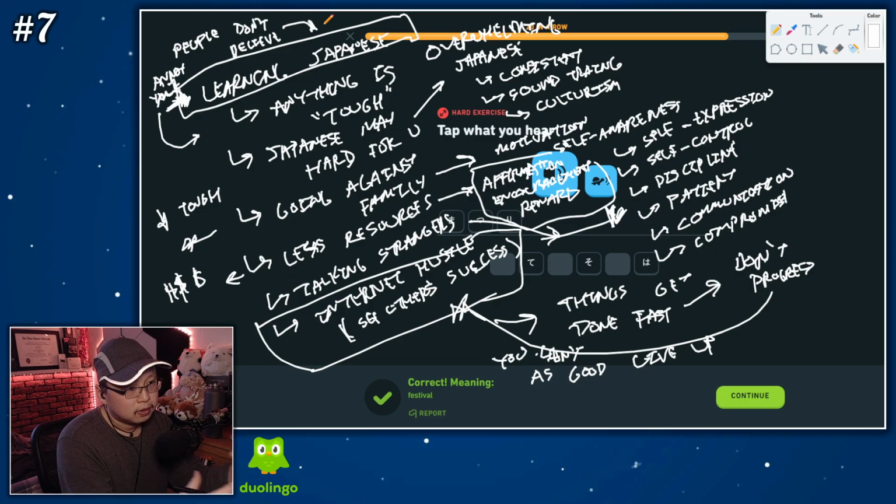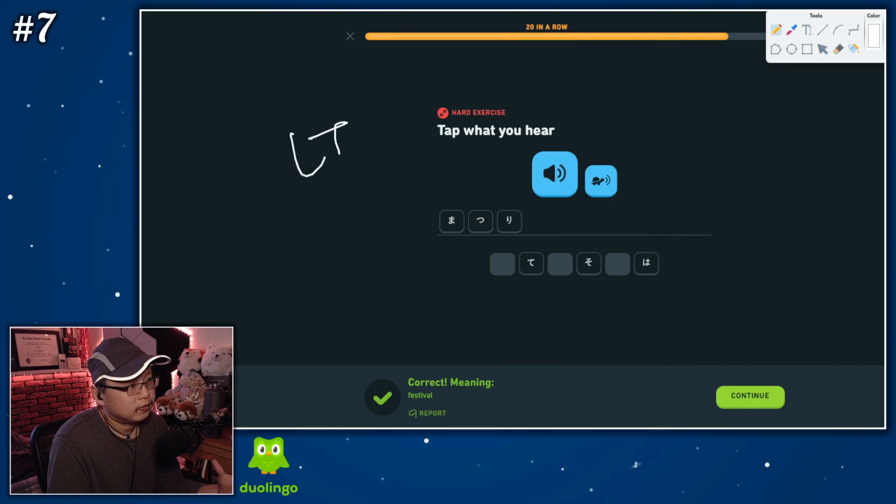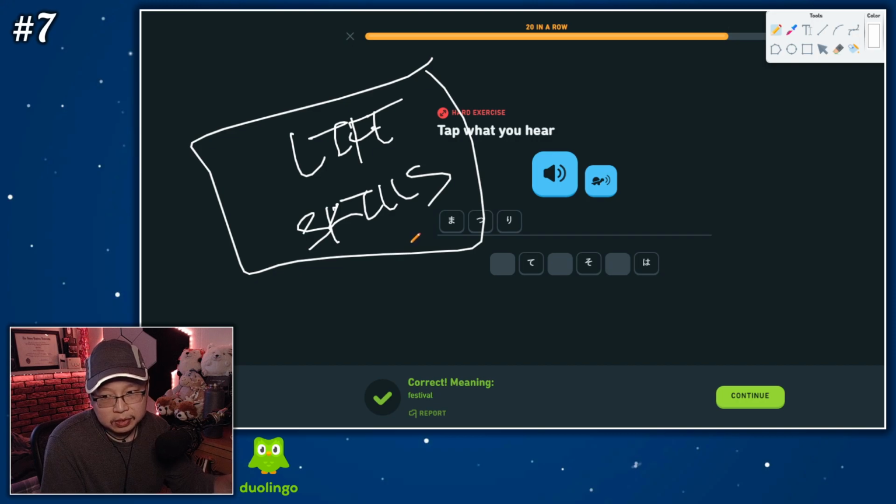And these are the elements that are what I call life skills. And if you have life skills, it will be okay, in my opinion.